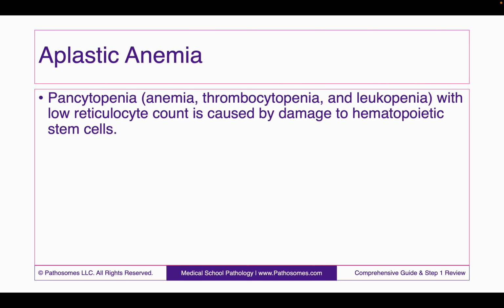Now let's talk a bit about aplastic anemia. Pancytopenia with anemia, thrombocytopenia, and leukopenia, basically low red blood cell count or low hemoglobin or both, low platelets and low white blood cell count, with low reticulocyte count, is caused by damage to hematopoietic stem cells.